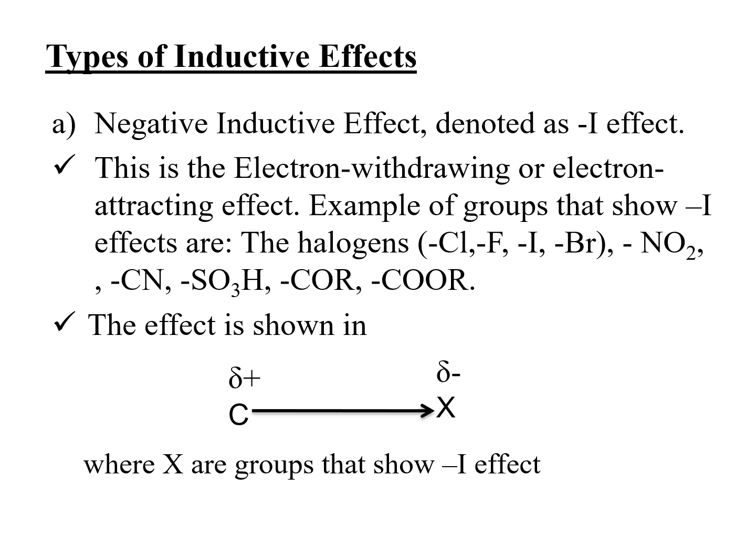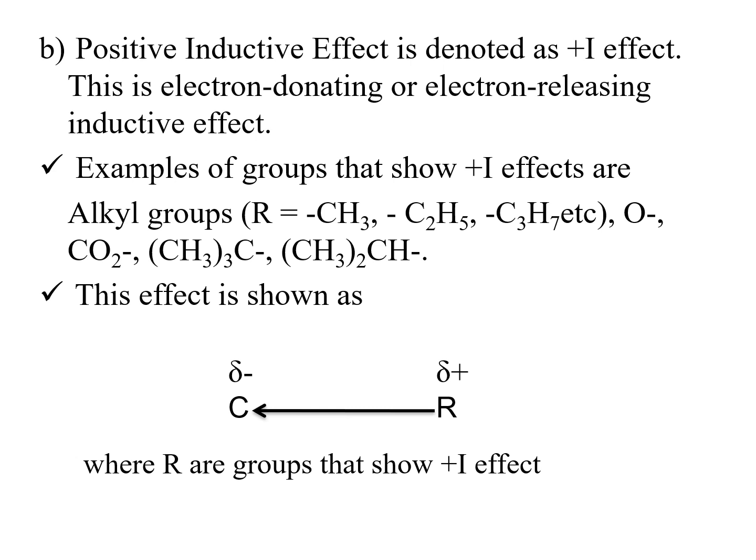In the same manner, with positive inductive effect, electrons are being donated. And when electrons are being donated, there is an increase in electron density. When electrons are being withdrawn, that decreases the electron density.